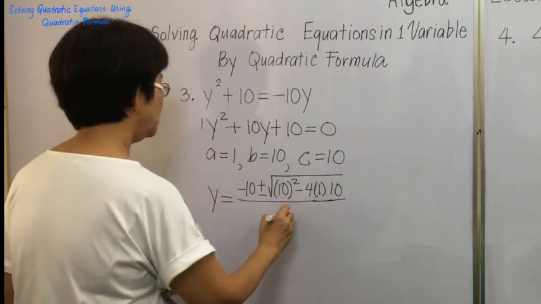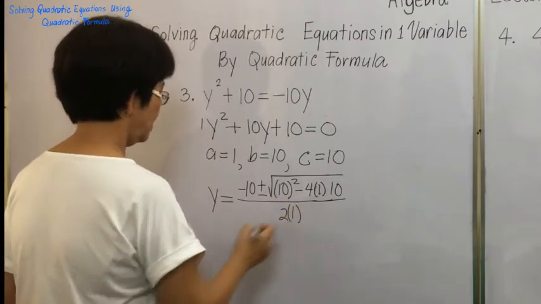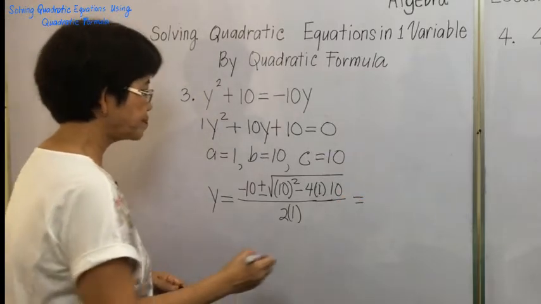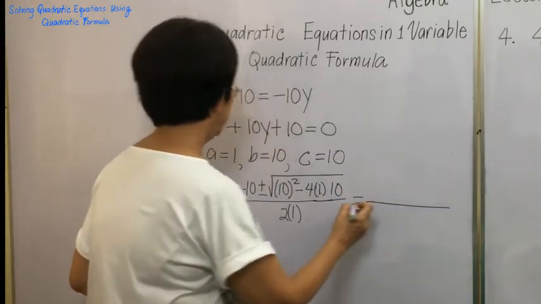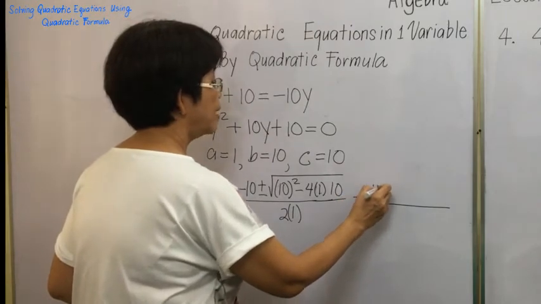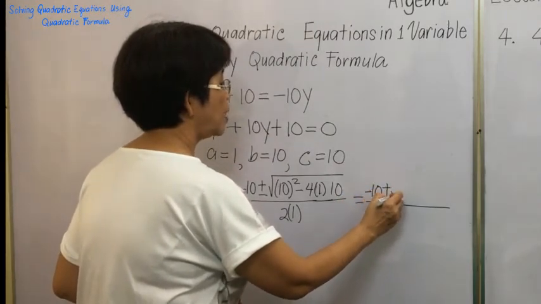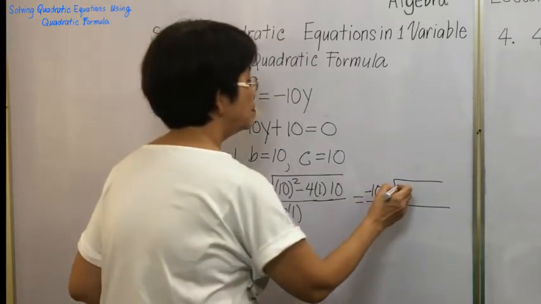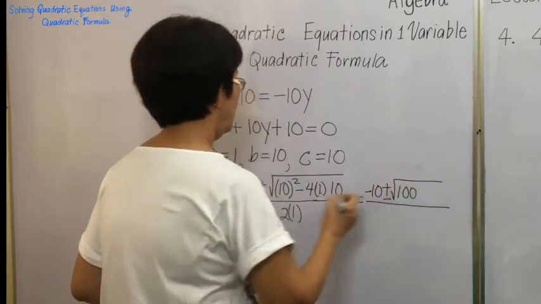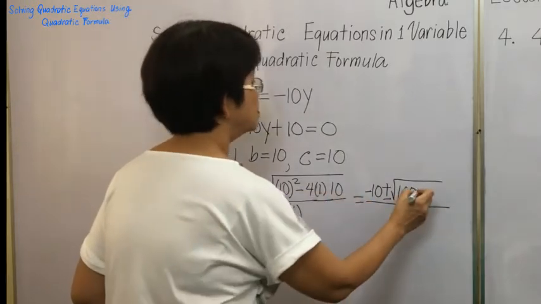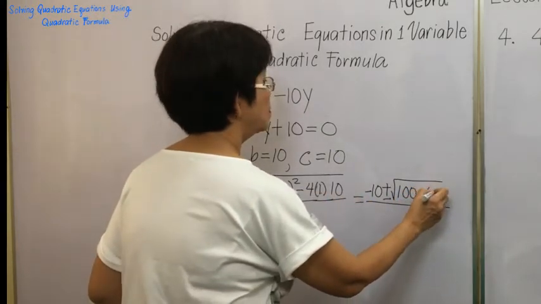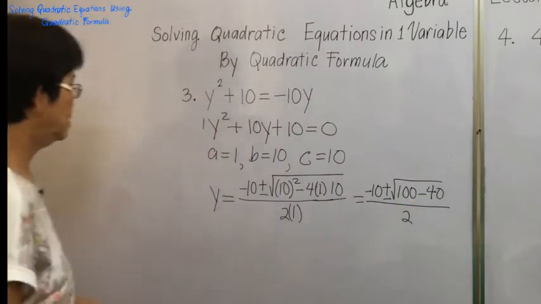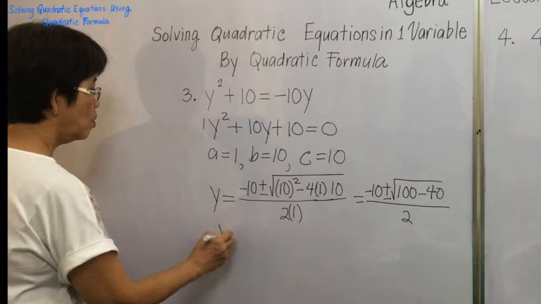All over 2 times 1. Then we simplify that. Negative 10 plus or minus the square root of 100 minus 4 times 10. All over 2.